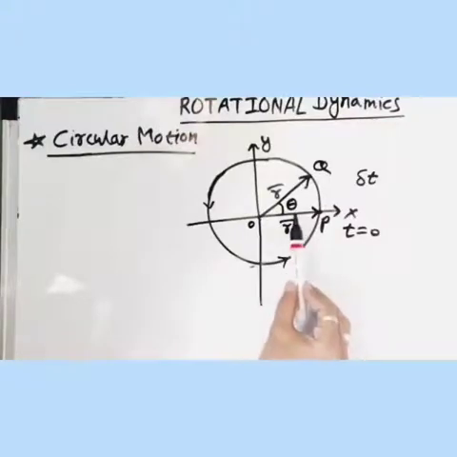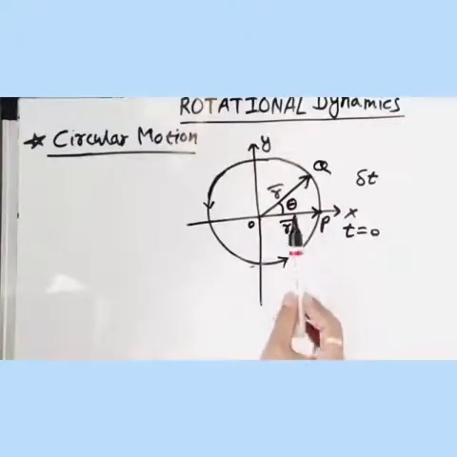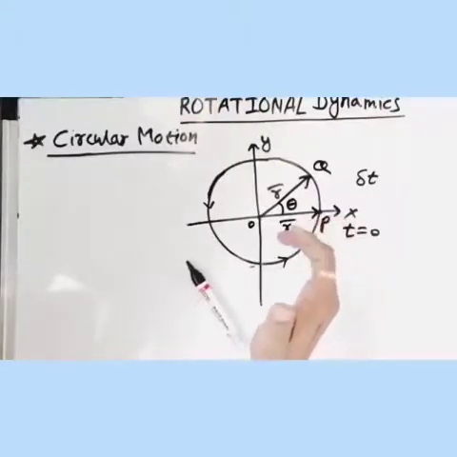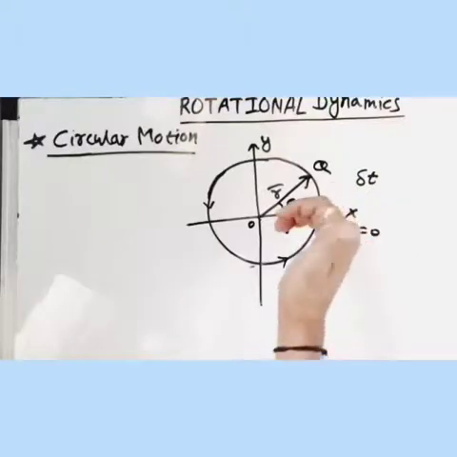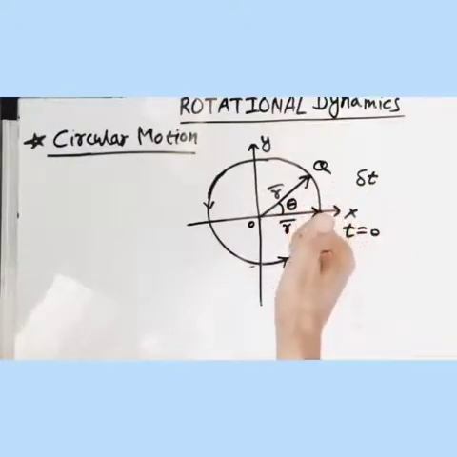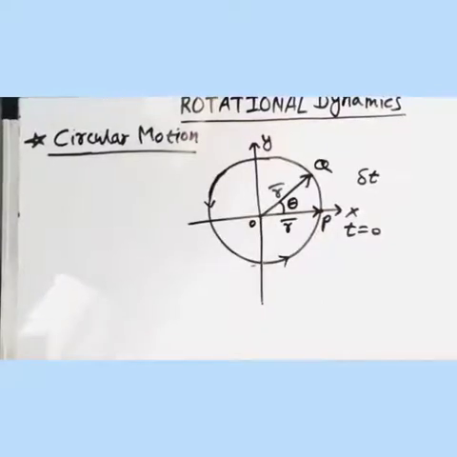Now angular displacement is a vector quantity and its direction can be obtained by the right hand thumb rule. By the right hand thumb rule, if our curved fingers denote the direction of motion of the particle, then the thumb denotes the direction of the angular displacement. And the SI unit of angular displacement is radian.